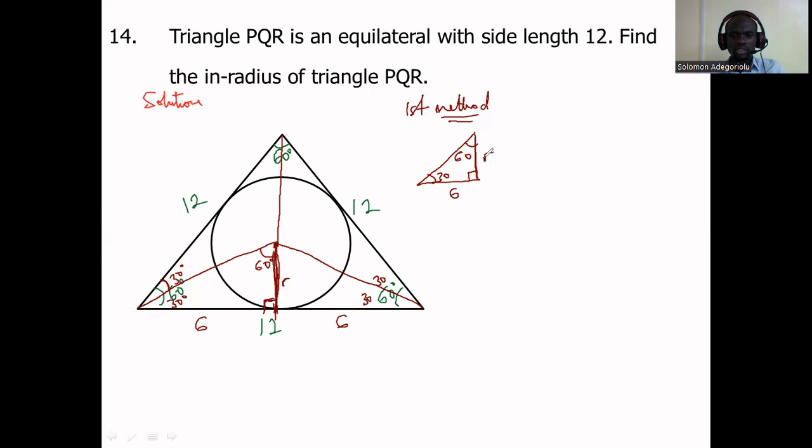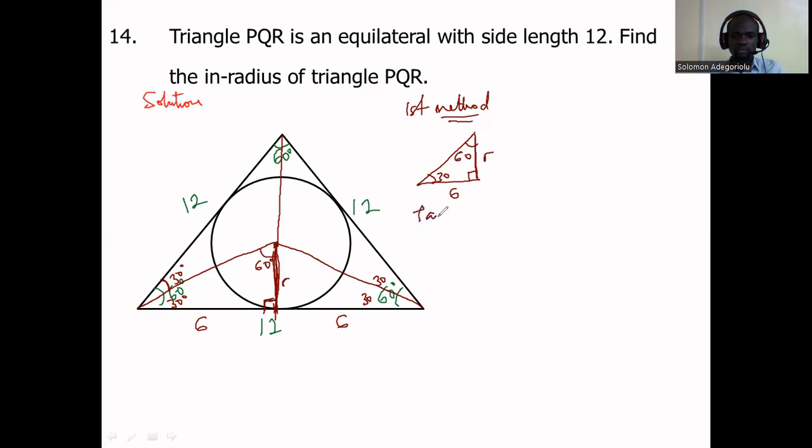So to find the radius here, we can decide to use 30 degrees or 60 degrees. But for this, I want to use 30 degrees. For 30, we have opposite over adjacent. Opposite over adjacent gives us tan.